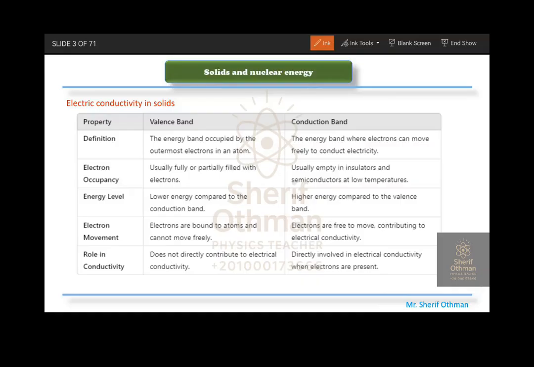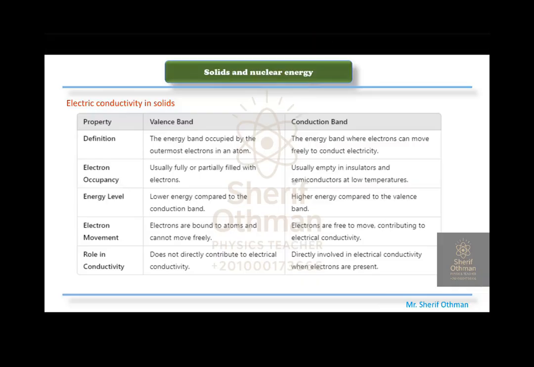So the insulator is supposed to show electric conductivity, but when the electrons are in the valence band they are unable to move from one atom to another atom, so there is no conductivity. The conduction band is directly involved in electrical conductivity when electrons are present.